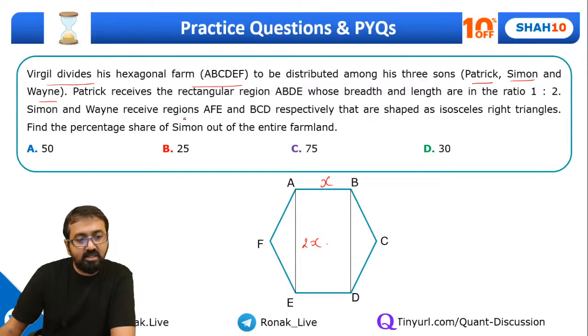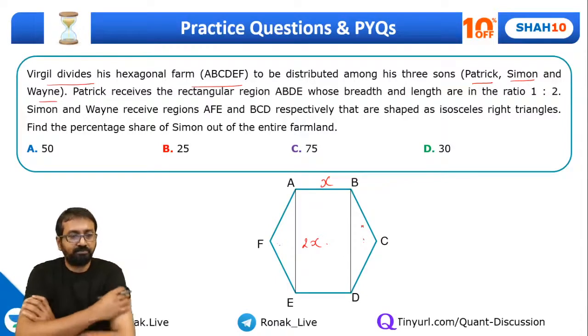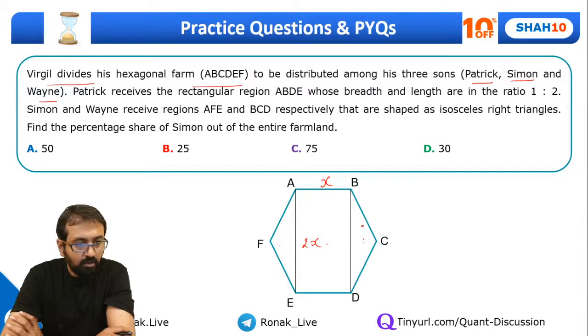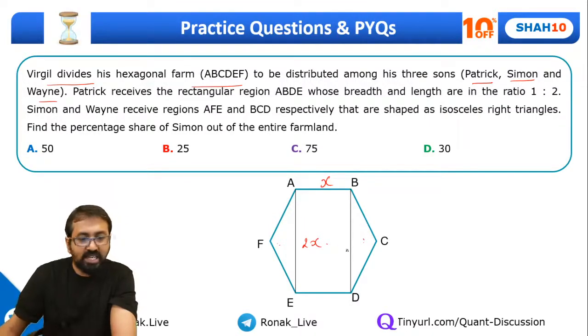Simon and Wayne receive AFE and BCD. Of course these two are looking identical. Both of them are isosceles right angle triangles, because this is a rectangle, and if these two are isosceles right angle triangles, they have to be the same. Okay guys, they may be different.